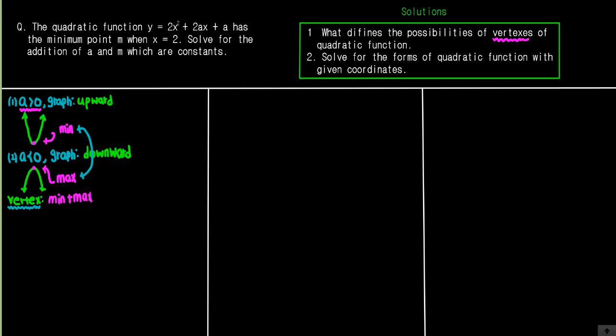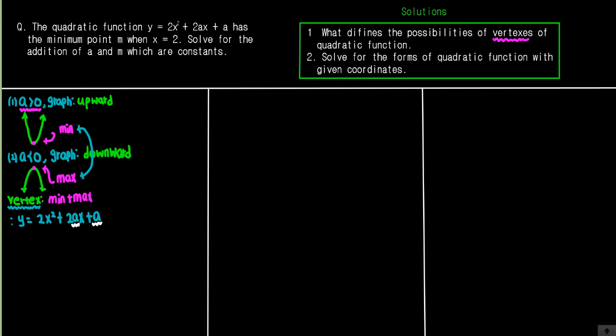Our function in this question is y is equal to 2x squared plus 2ax plus a, where a is the unknown constant.